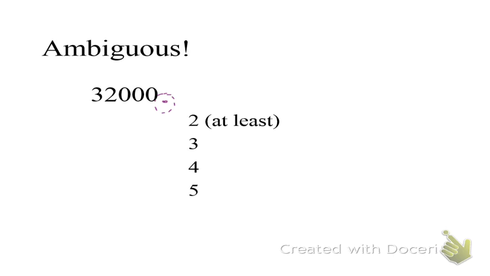That's my implied decimal. So you know you have at least 2 significant figures because, going from left to right, you have 2 non-zero digits. But you don't know if you really have 3 sig figs, 4 sig figs, or 5 sig figs.